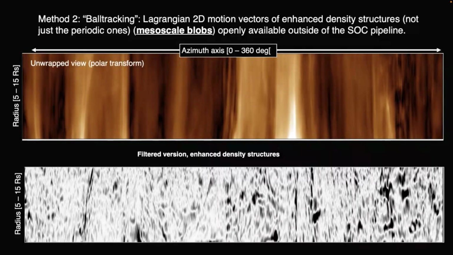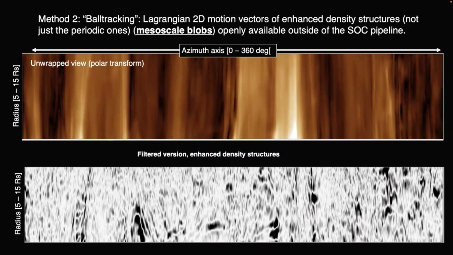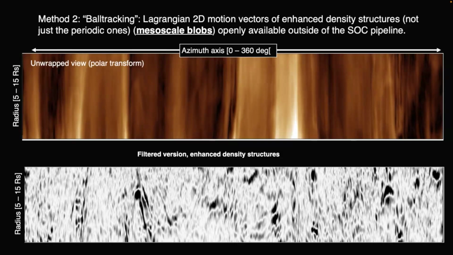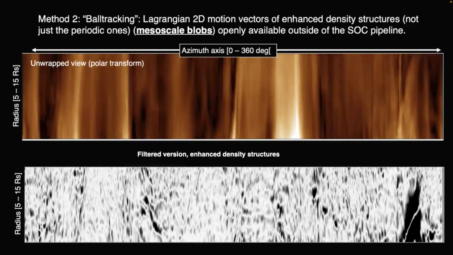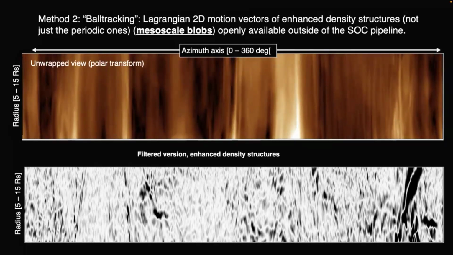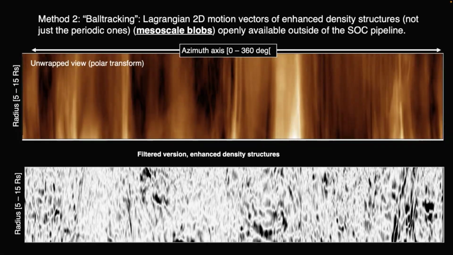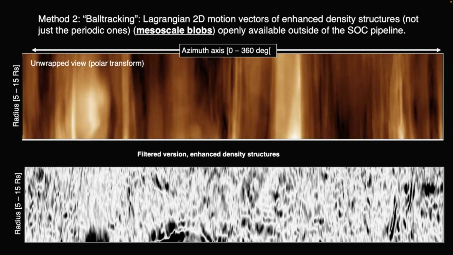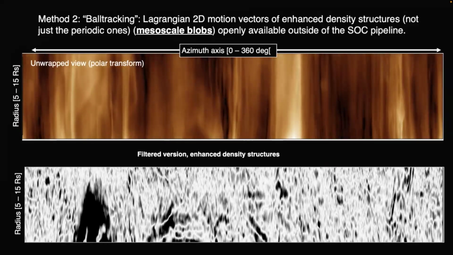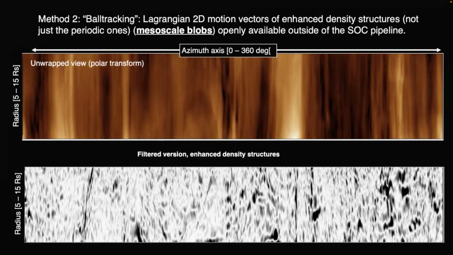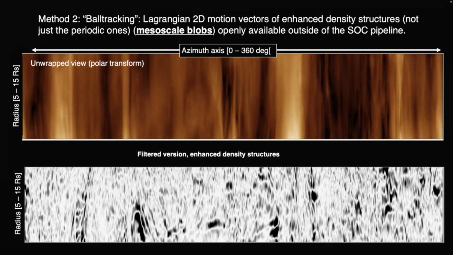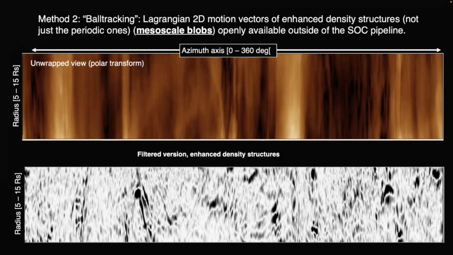Now, that being said, there is a second method that is called the ball tracking algorithm. Hopefully, most of you have seen me talking about it at different PUNCH meetings in the past. It provides Lagrangian 2D motion vectors of enhanced density structures, not just the periodic ones. They are mesoscale structures, as Nikki prefers to call them now.